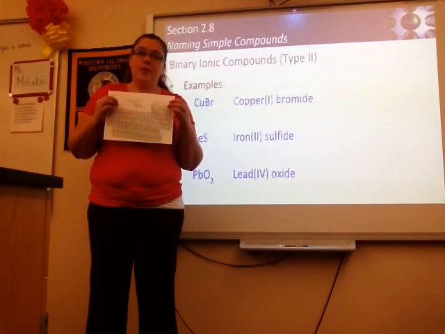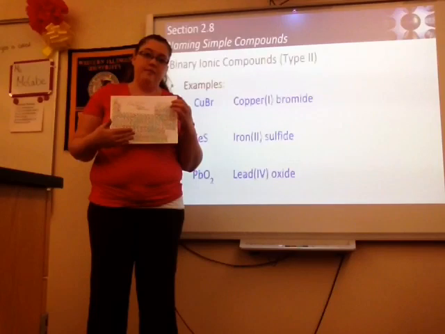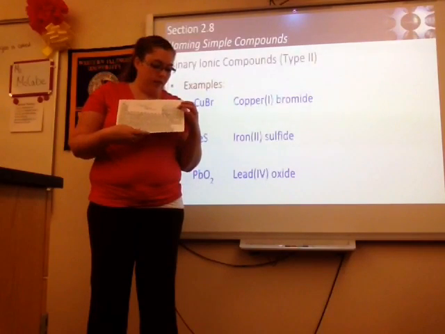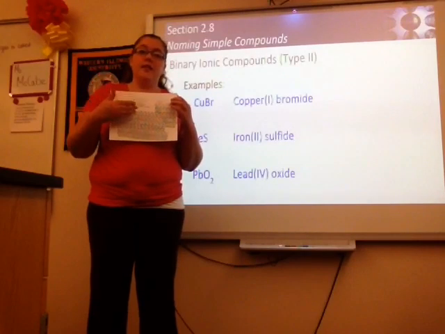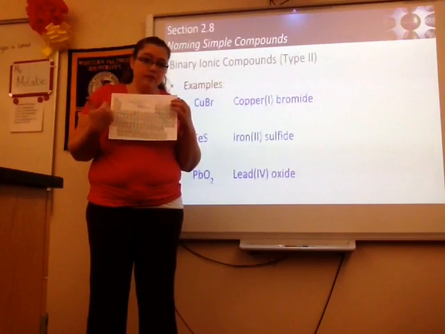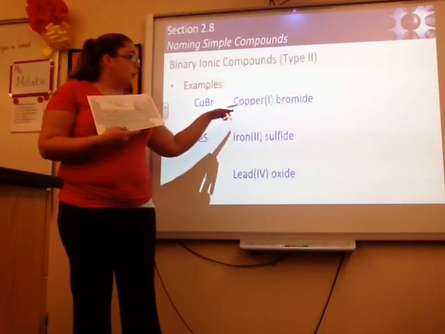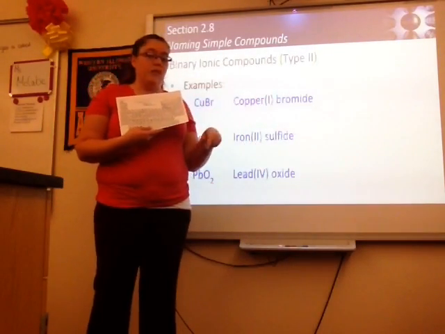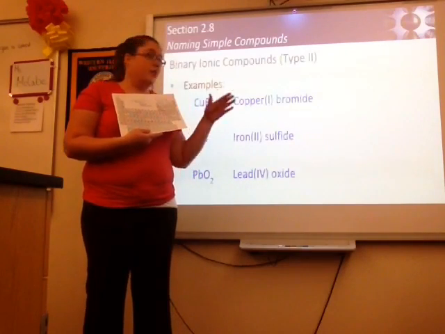Since your bromine has a -1 charge, your copper needs to balance that out, so your copper is going to have a +1 charge. Since it needs 1 copper to balance out your bromine, you're going to end up with copper(I) bromide. Notice I'm still ending in "ide." It's still ionic, so you still have to end in "ide."